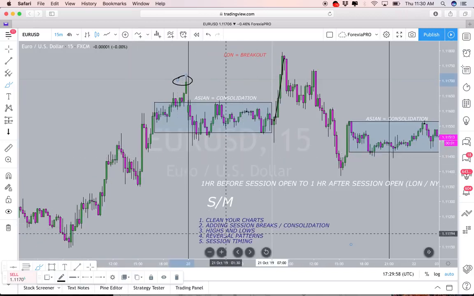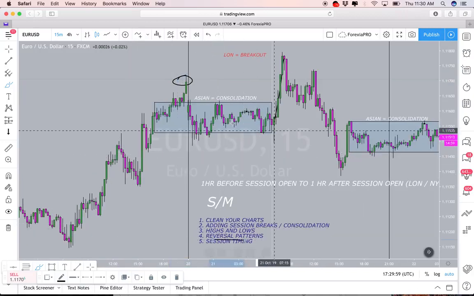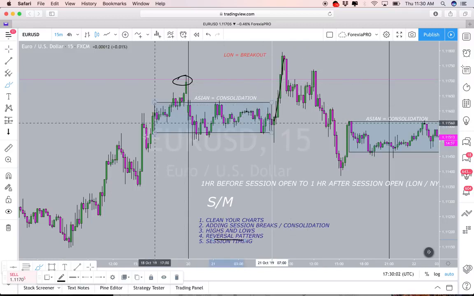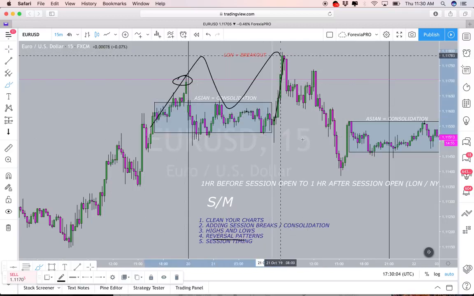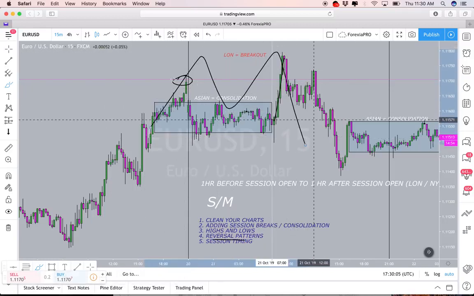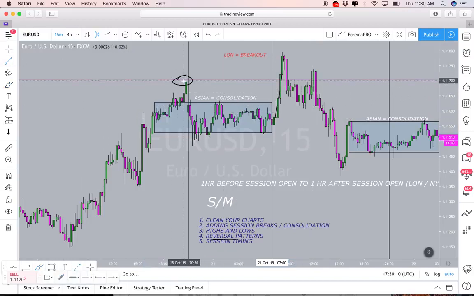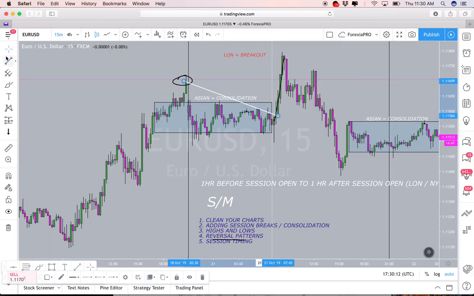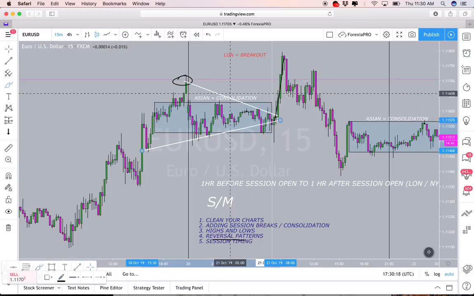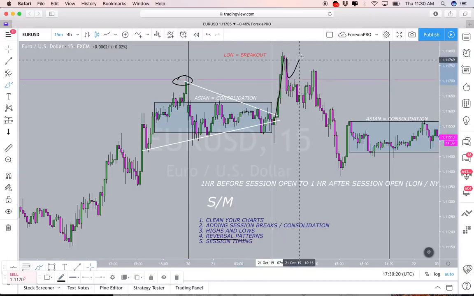Okay, here we go. Reversal pattern. What's the reversal pattern here? M formation off the high. Now, if we look just a little bit more, we can see something beautiful here. This is the Forex signature trade. Wedge breakout pattern to the high, reverse off the high.